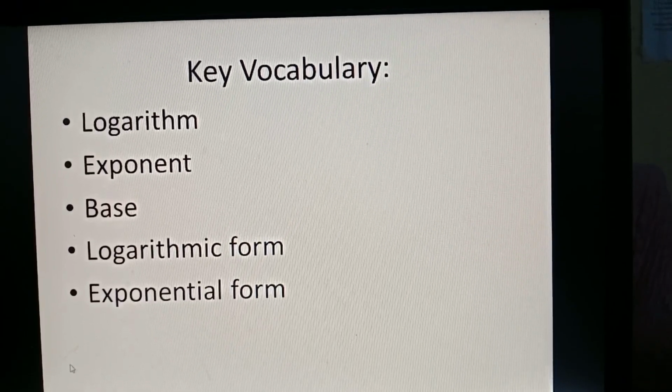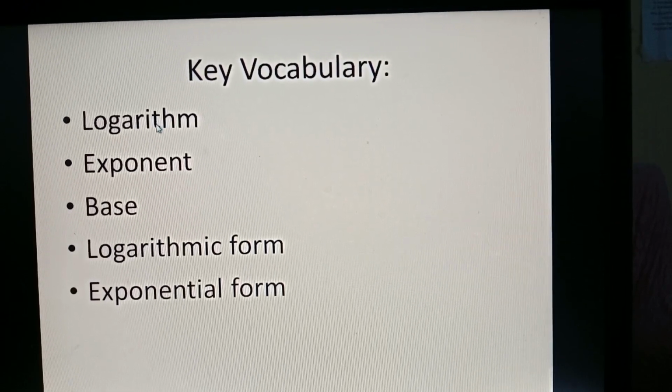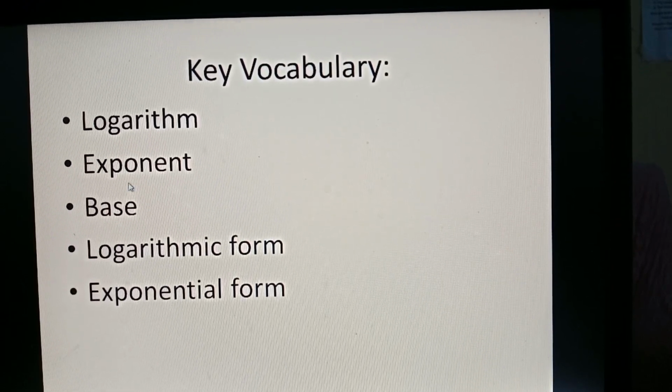The key vocabulary, or what you are going to focus on, is the following ones: logarithm, exponent or index, base, logarithmic form, exponential form.